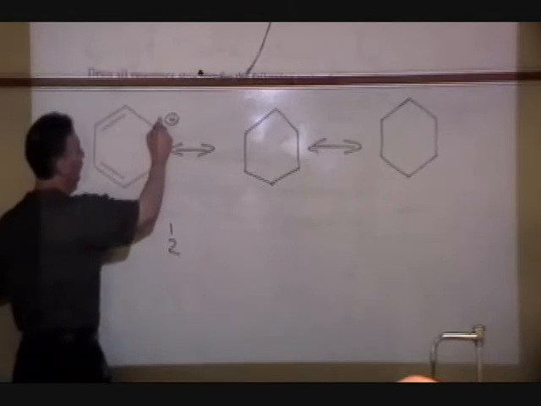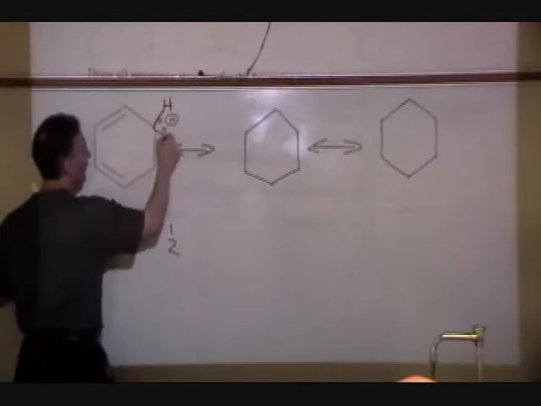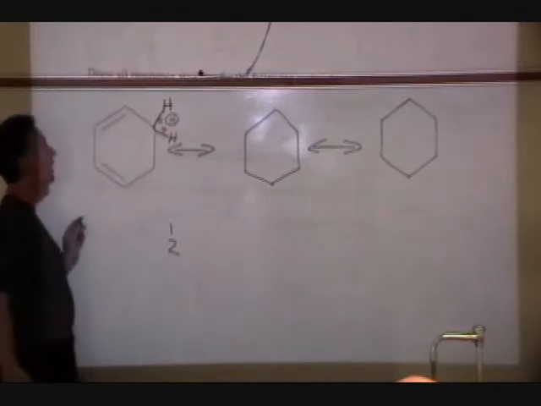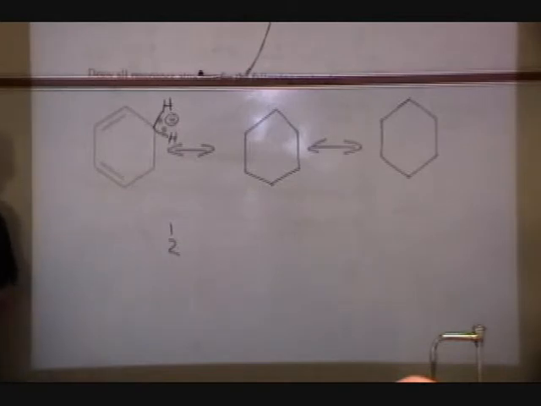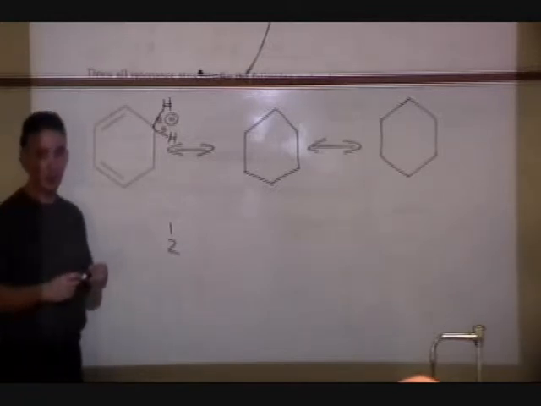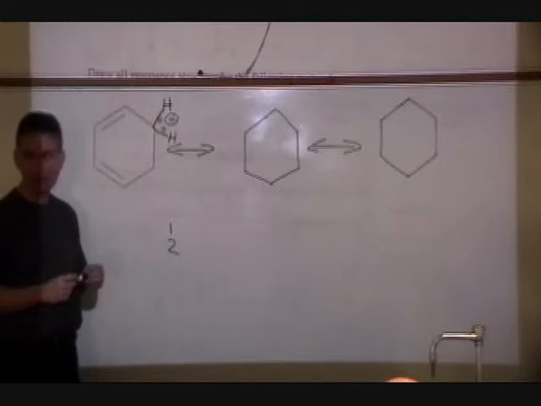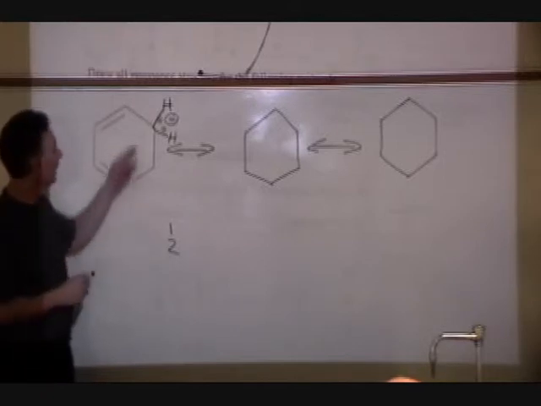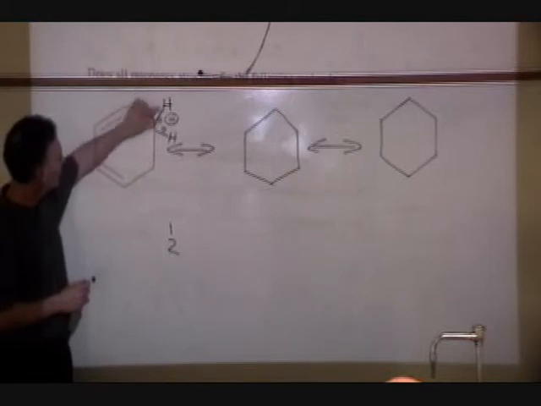But what's the problem if we put 2 hydrogen bonds in there? How many electrons are in that carbon atom's outer shell? How many does it see in total? 2, 4, 6, 8, and then the 1 pair, 10.